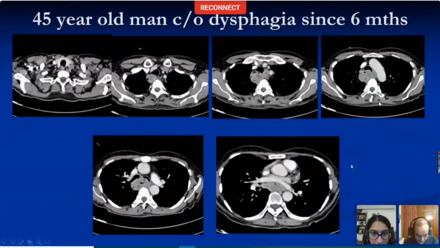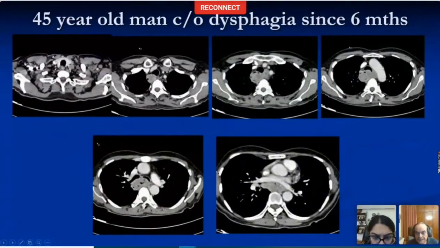Sir, I've been provided axial images of the neck and the upper part of the chest, and I can see that the esophageal lumen is obliterated, and there is some diffuse heterogeneous thickening along the lumen.